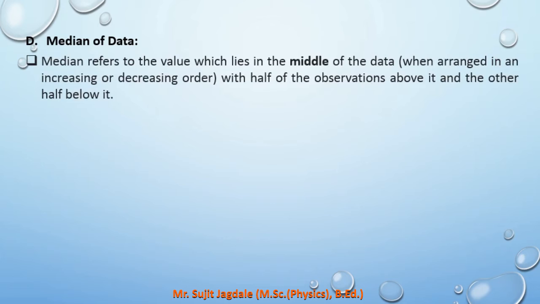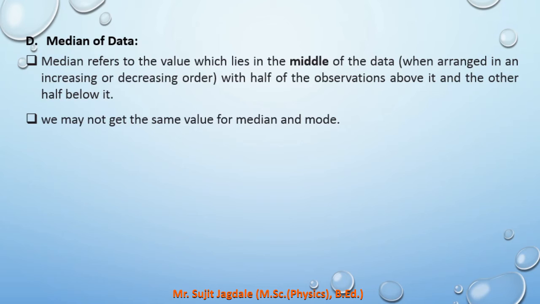Middle means exactly at the center when arranged in increasing or decreasing order. So here we have to arrange the given values in either increasing or decreasing order. Then we find the middle value, where half the observations are above it and the other half below it.